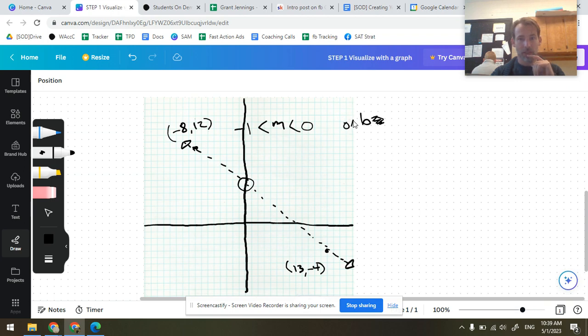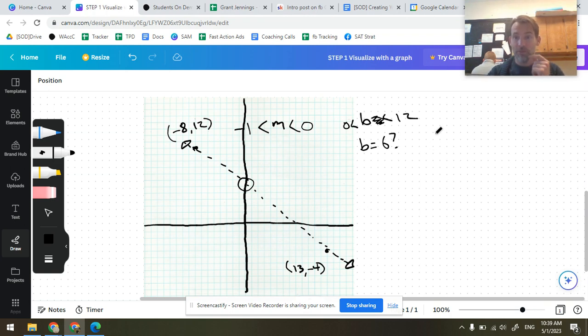So 0 is less than b, but b is also less than 12. It's going to be down here below 12, and my visualization says somewhere around 6. B equals 6, somewhere in there. Okay, so there I got some guesses, and they're pretty close. So now let's do the algebra.